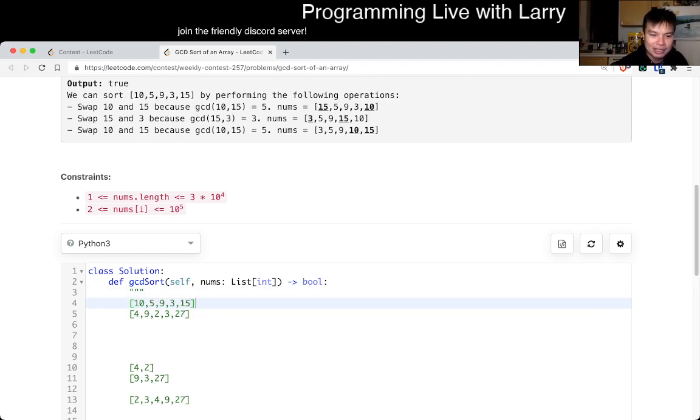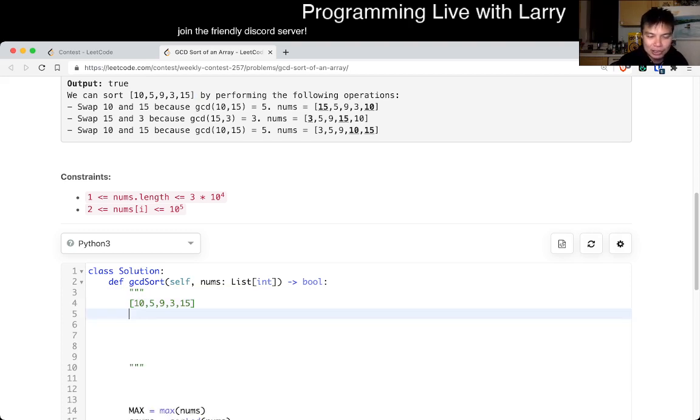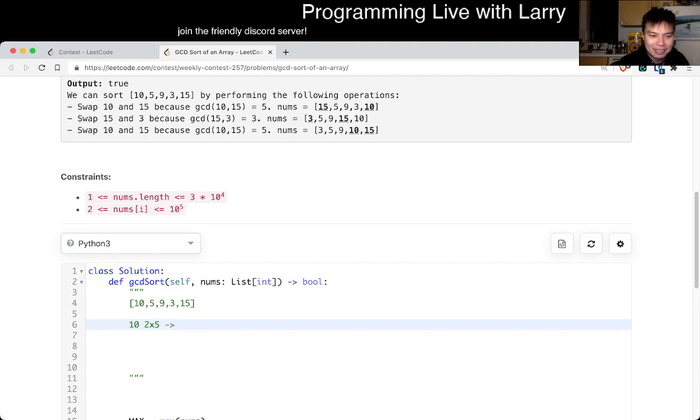Right? So what does this mean? This means that 10 is equal to 2 times 5. That means that this number is in the same group with every multiple of 2 and every multiple of 5, right?